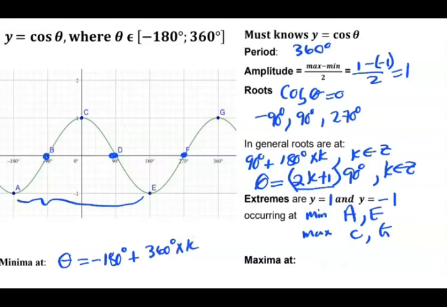For the maxima, we can take the point C, which is 0 degrees, and then we need to add k times 360 degrees, where k is an element of Z.